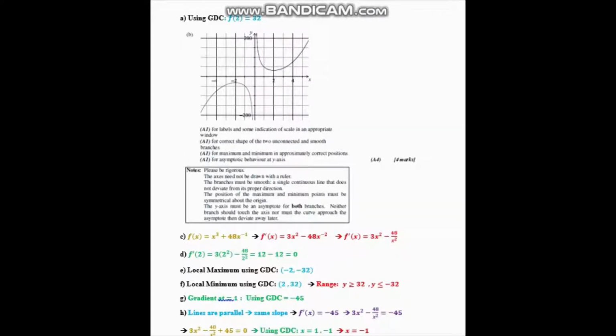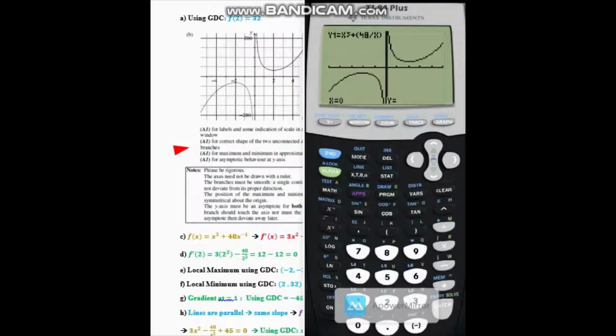So you get a mark for labels and scales, x-axis, y-axis, and some scaling. You get another mark for the correct shape of two unconnected and smooth branches. So the shape as per your GDC, you just need to copy this down.